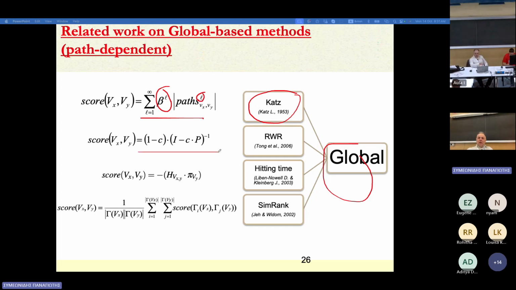Also, we have here the computation of random walk with restart. We have the identity matrix here and the transition probability matrix. This is a modification of the PageRank algorithm in order to use it for similarity inference. You may also hear it called personalized PageRank. Also, SimRank is important.